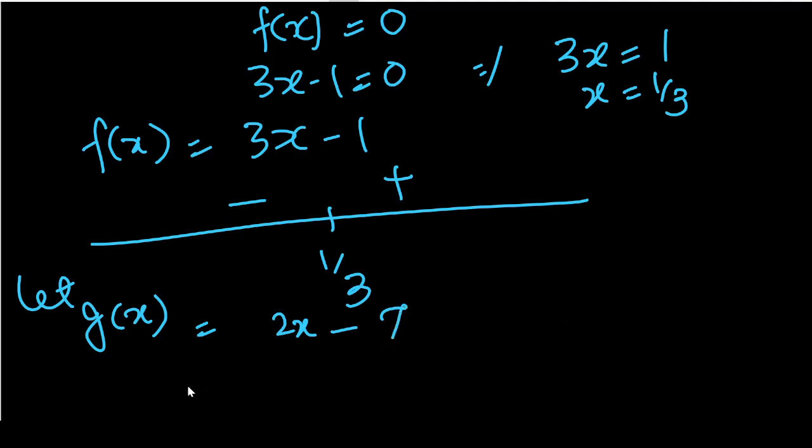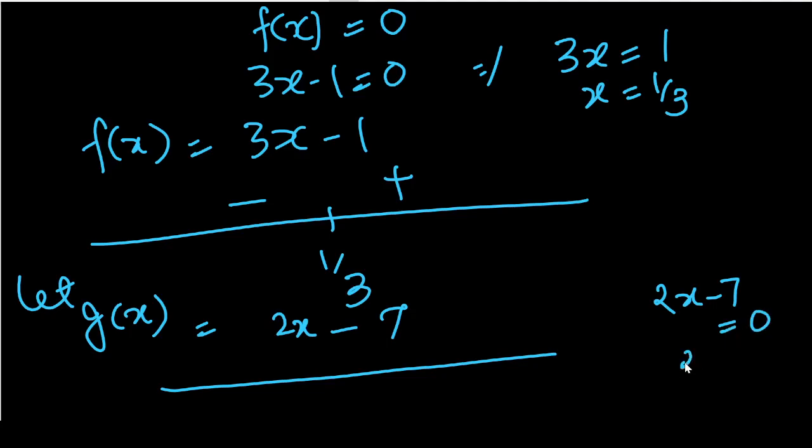In the similar way, if I plot, 2x minus 17 vanishes at x equals 17 by 2.